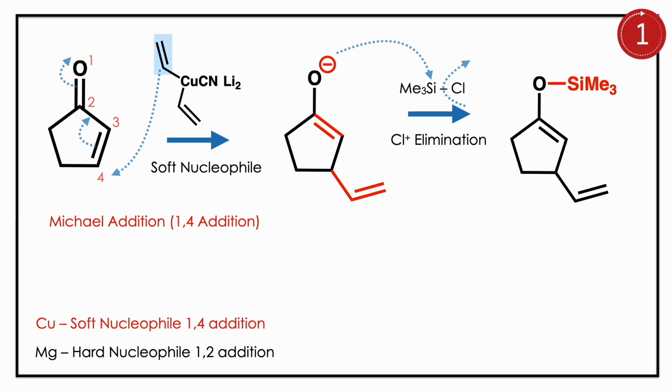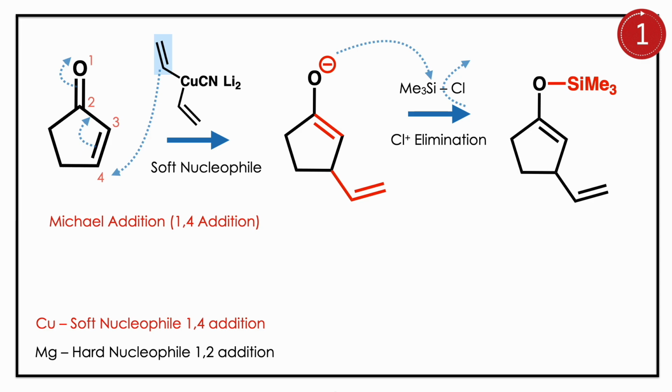Since copper provides a soft nucleophile, 1,4 Michael addition is possible. So the nucleophile adds, you have a carbon-carbon bond at the fourth position. The double bond migrates, you have an O nucleophile. The O nucleophile further attacks the halide, you have an O-silicon bond. Here it is not an enol, so the reaction stops here.